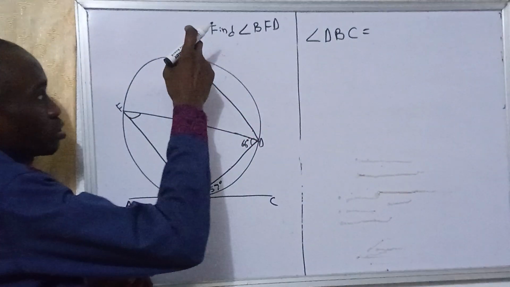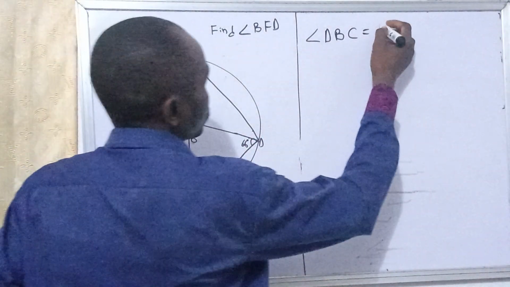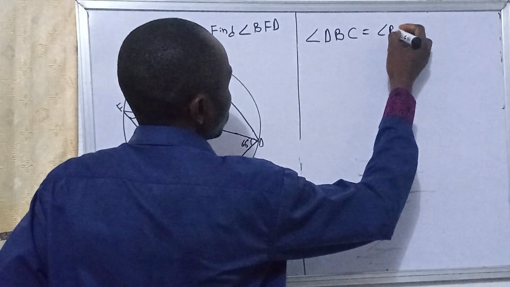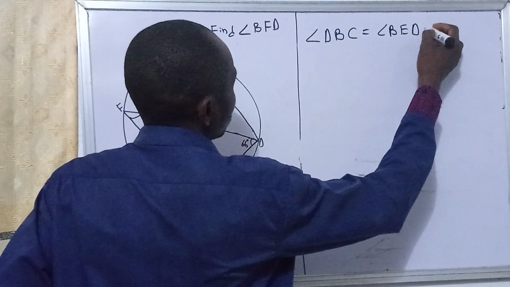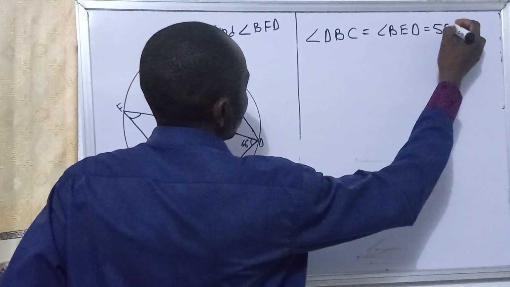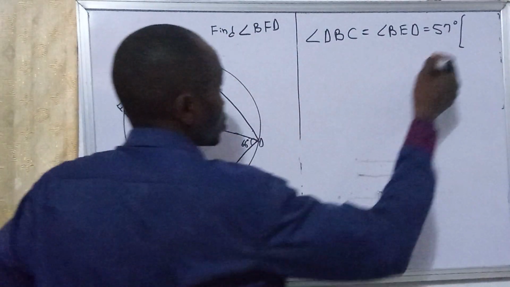The reference angle here is E, then the boundaries are B and D. So we have boundary B, reference angle E, then boundary D, equals 57 degrees.